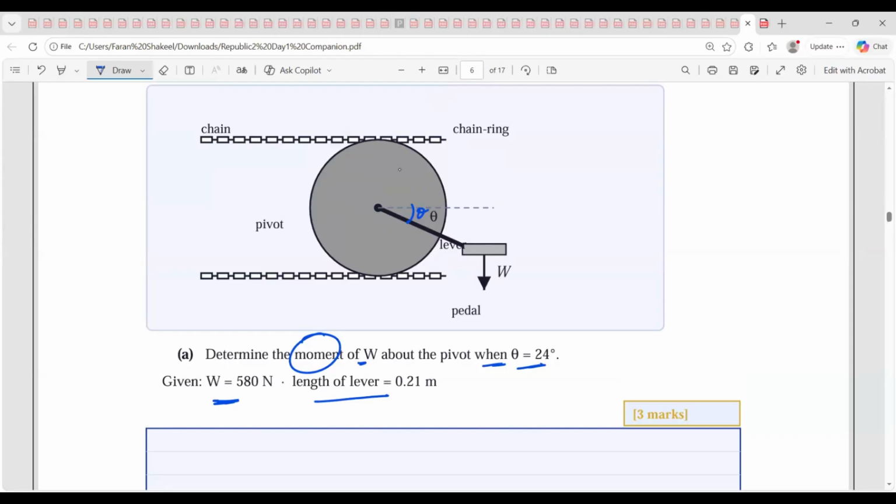Think about it. It'll be cos because it's against the horizontal. The angle is to the horizontal, not to the perpendicular. Exactly. So we set up that equation, and that's going to be 580 cos 24 times 0.21. That is the moment of W about the pivot.